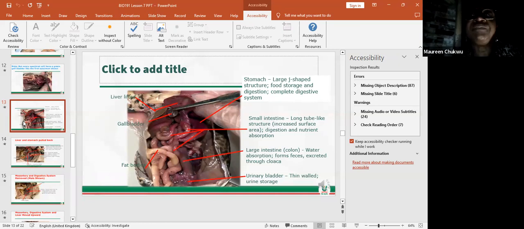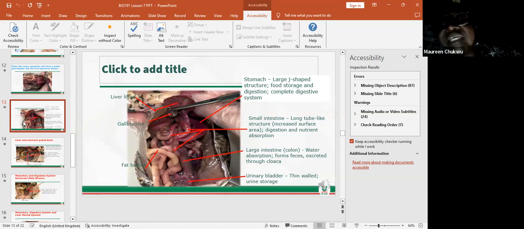Food storage and digestion occur in the stomach. You have the small intestine, which is a long tube-like structure that increases the surface area, enhancing digestion and nutrient absorption.